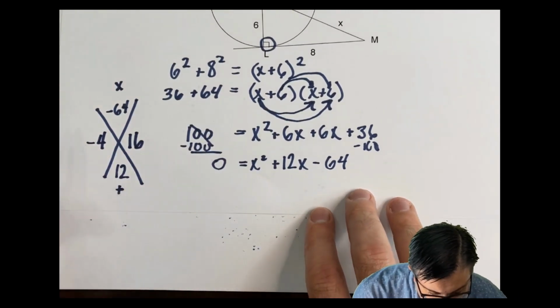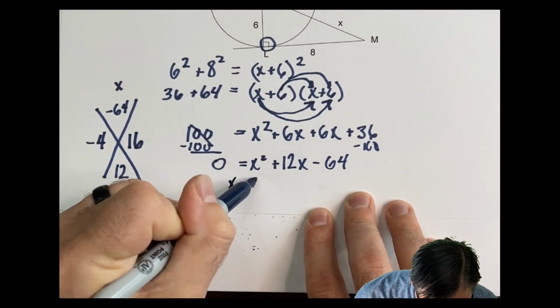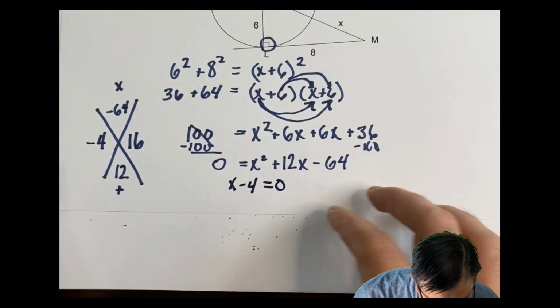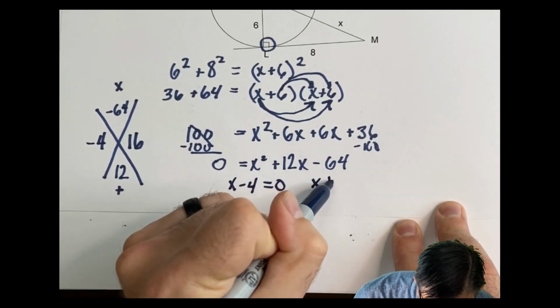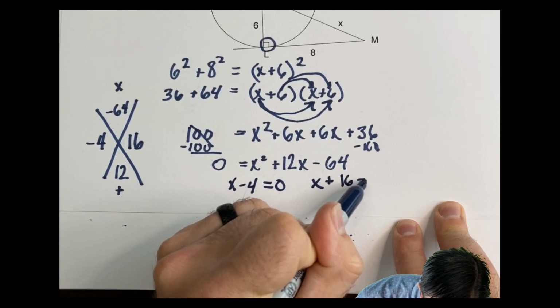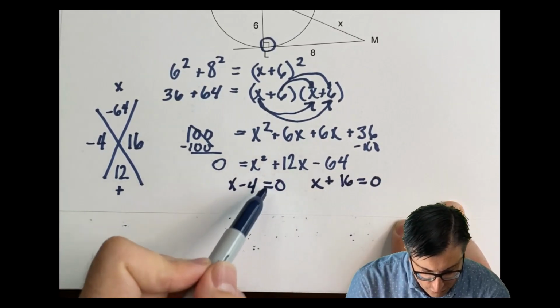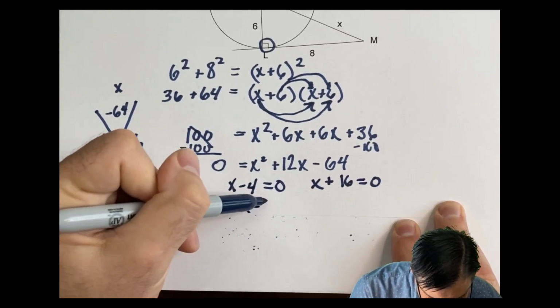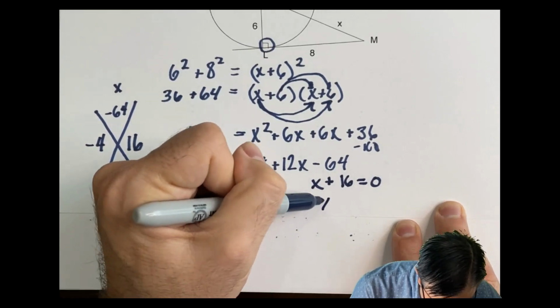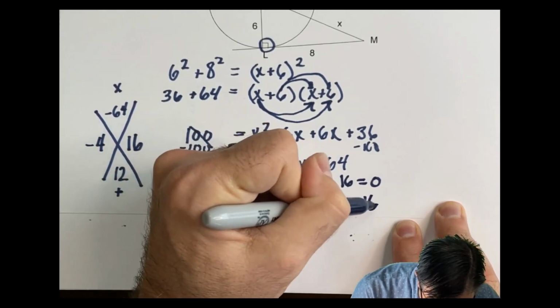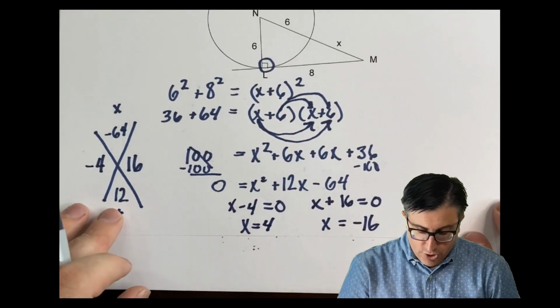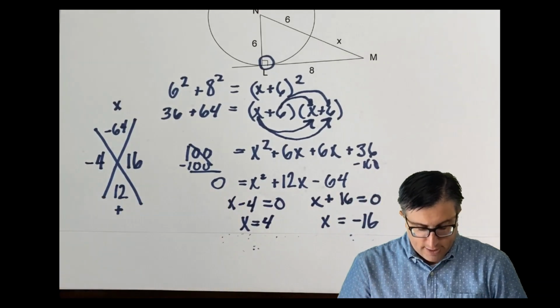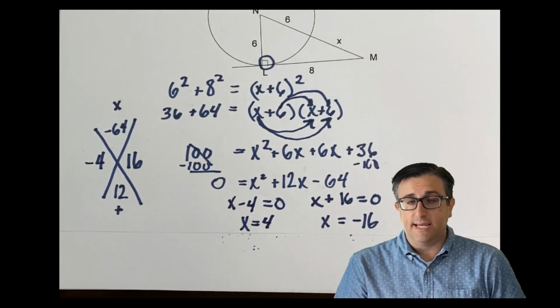So now I can factor that and use x minus 4 equals 0 and x plus 16 equals 0. Add 4 to both sides, you get x equals 4. Subtract 16, you get x equals negative 16. So there are two answers to this quadratic, x equals 4 and x equals negative 16.